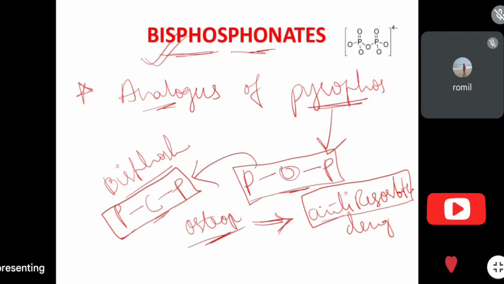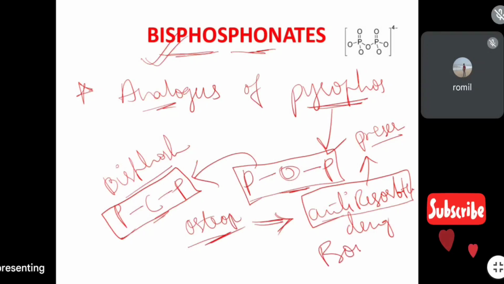Anti-resorption is nothing but the drugs which are used to preserve the bones, or to save the bones, are called anti-resorptive drugs. Bisphosphonates have anti-resorptive action on bones. That's why they are commonly used in osteoporosis.